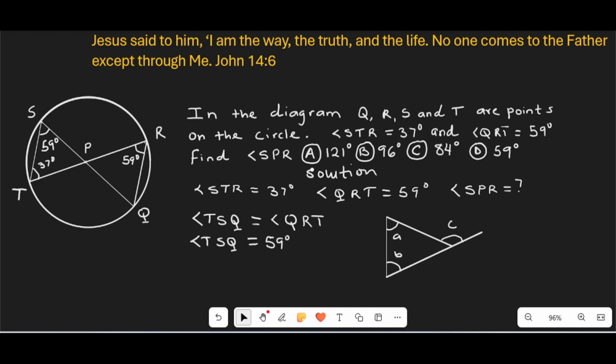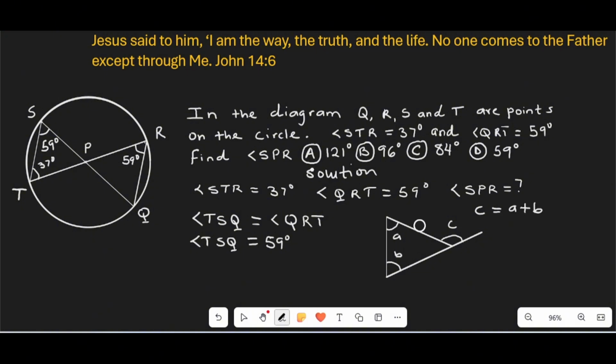What the theorem is saying is that the sum of these two remote interior angles, A and B, is equal to C. So mathematically, the theorem is saying C is equal to A plus B.